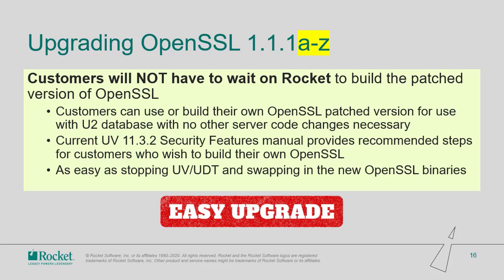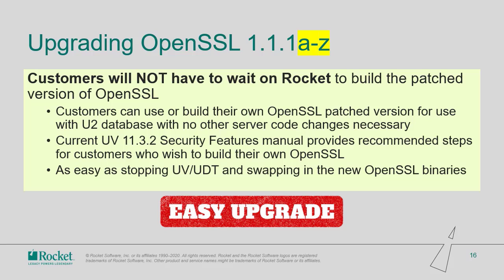The current Universe 11.3.2 security features manual does provide some recommended steps. It's not something we can officially say, since there are just so many ways to build OpenSSL on different platforms and different software and methods to do it. So these are just recommended steps for customers that wish to build their own OpenSSL to use in a U2 database.